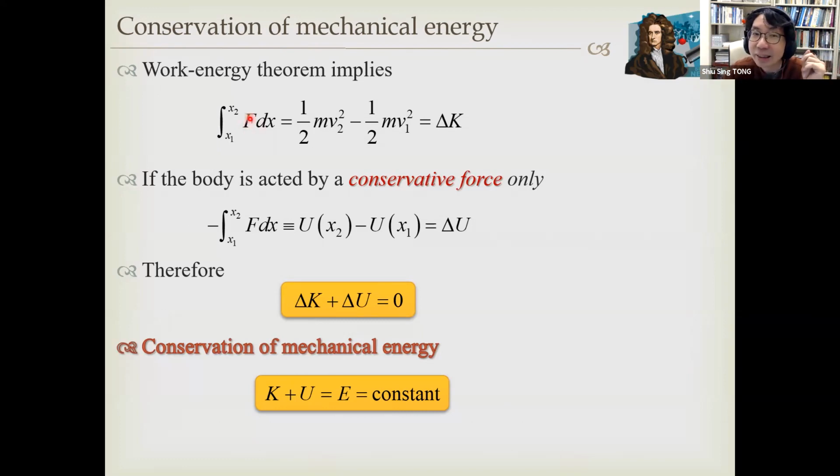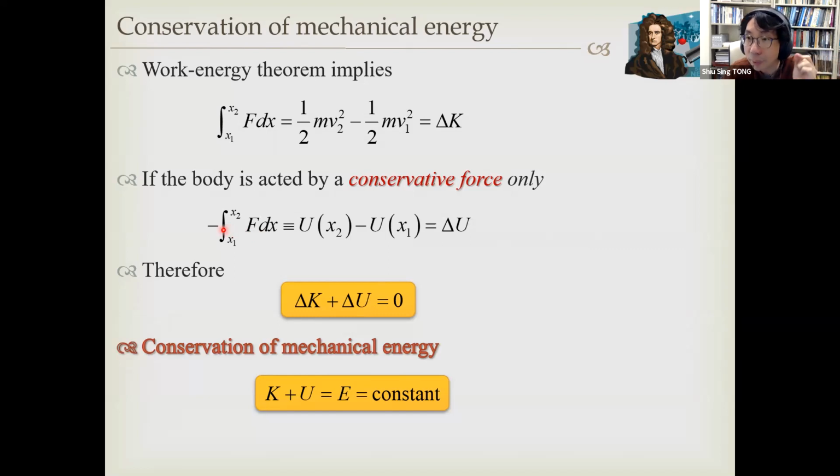Okay. But now we insert a condition. We impose the condition of a conservative force. We now assume that the force F is conservative. And if the body is acted on by only one conservative force, which is F, then the integral of F dx with a minus sign will be equal to what?